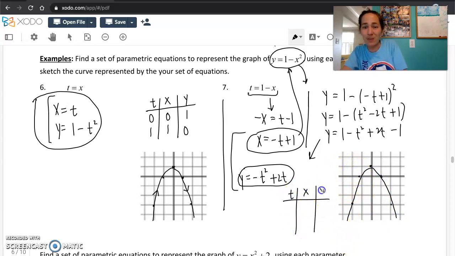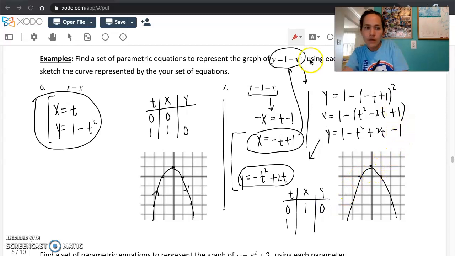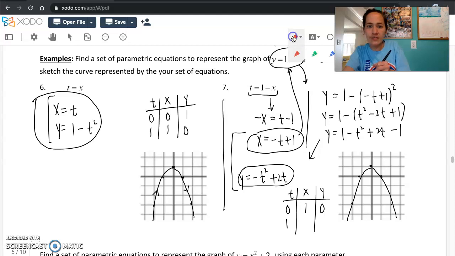If you guys don't think I'm boring, I'm just going to choose 0 and 1 again. Uncreative of me. So negative 0 plus 1 gives you a 1. And if I plug 0 in here, I get 0 back. So (1, 0) is the point that's associated with the time t equals 0, since we use that to plug in and get the value. So t equals 0 happens at (1, 0).